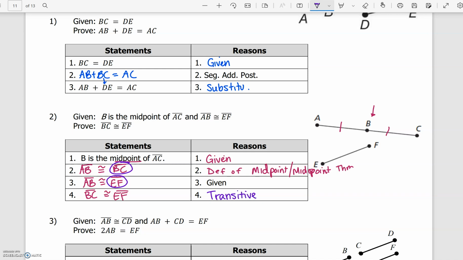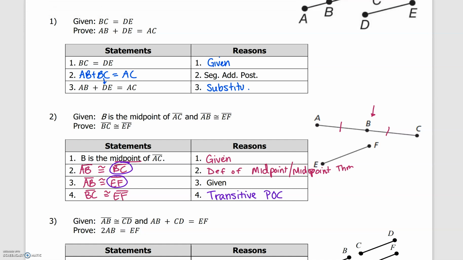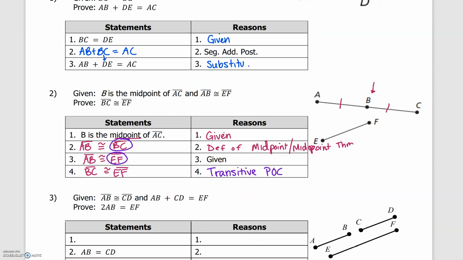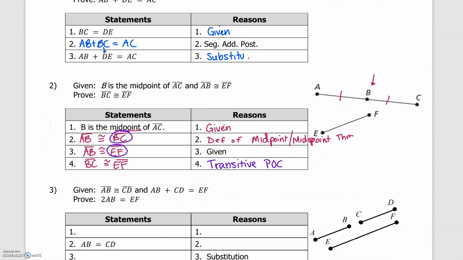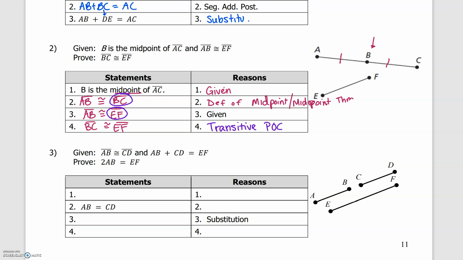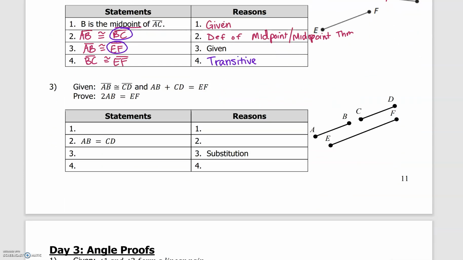Now, a lot of times we can say the substitution property, but on this one, because it's congruence, you cannot use substitution with congruence, only with equal signs. So this one has to be transitive. There is no other option. And I put POC on this one because it's not property of equality anymore, it's property of congruence. If you left that off, I would still count that correct, but not substitution.